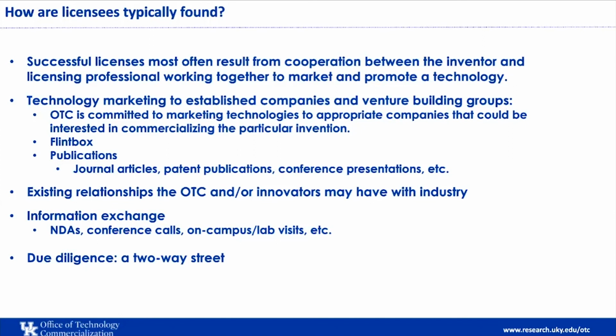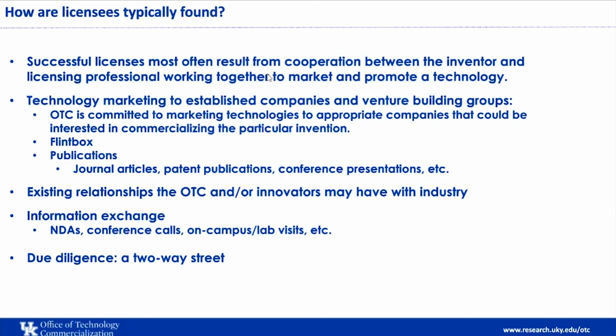where we take those one-page summaries and post those descriptions of the technology and licensing opportunity on this website. It has some Google search engine optimization features that really help bring those Flintbox pages to the top of search results when certain keywords are included.